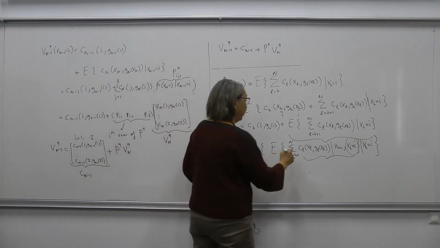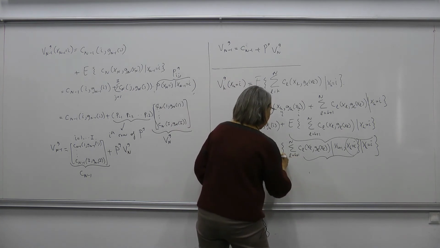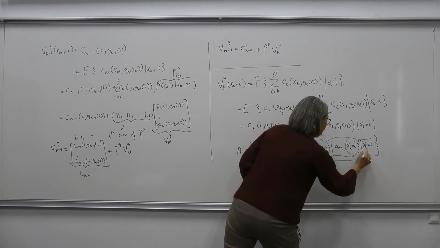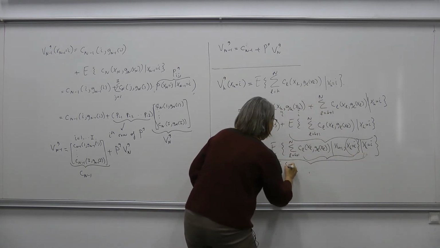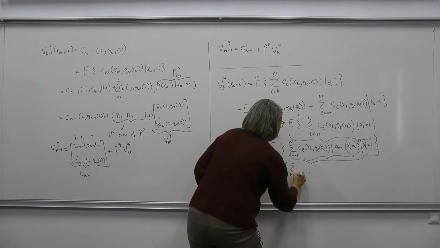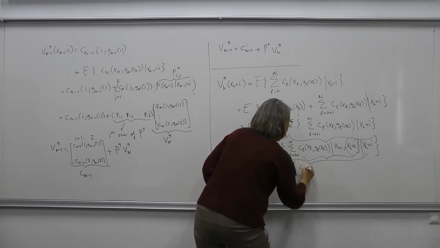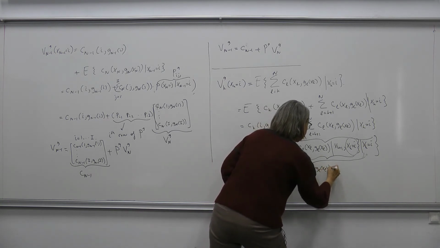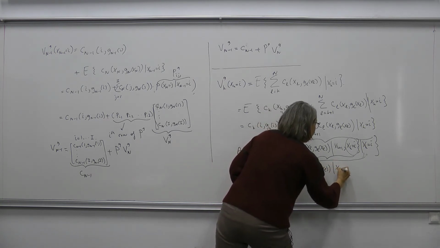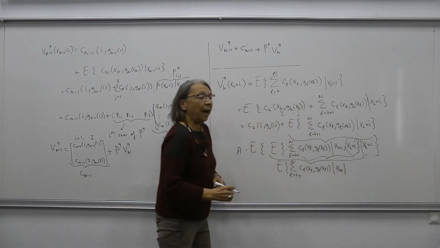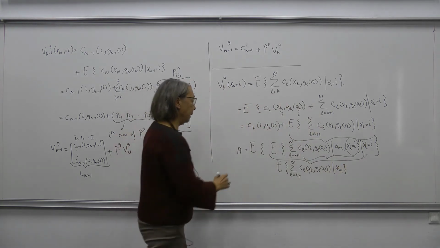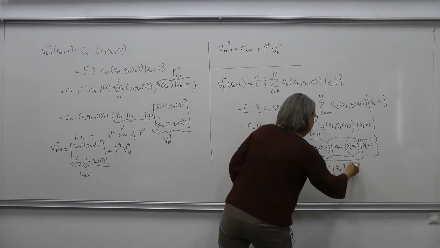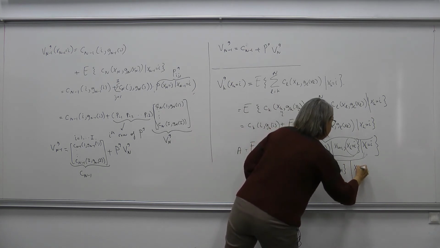And we can just reduce the inner expectation to the expected value of that summation L from k plus 1 up to n of C sub L of x_L, g_L of x_L, given that x_{k+1}. Since we have used a Markov policy, we can do that. And the outer expectation is to take the expected value of this whole thing with the given condition that x_k is equal to I.